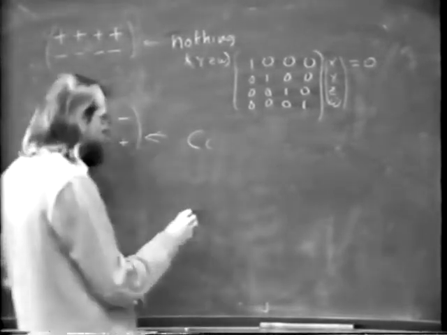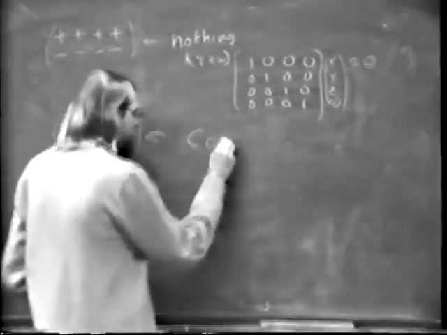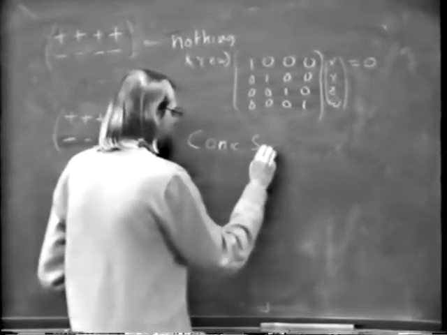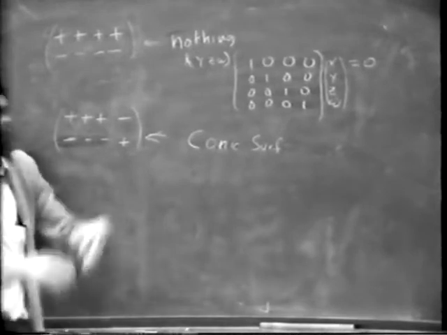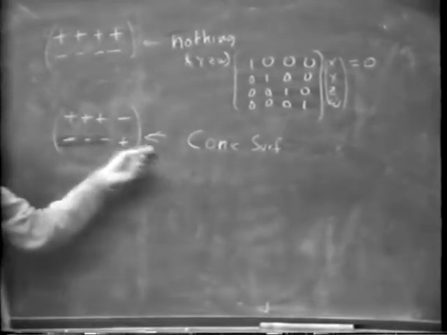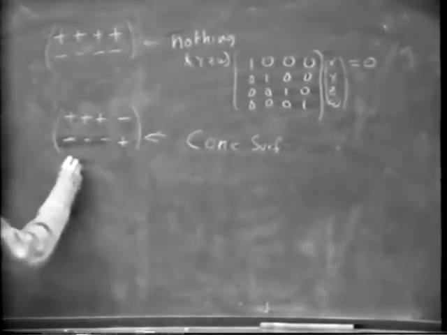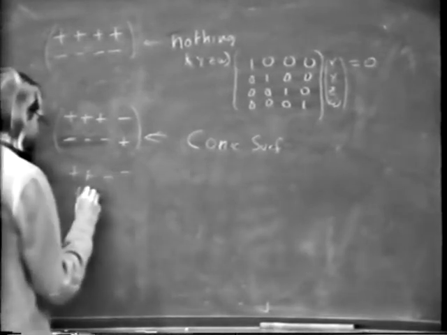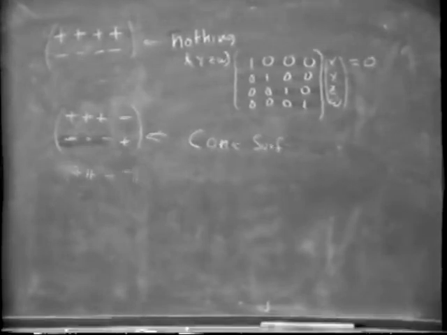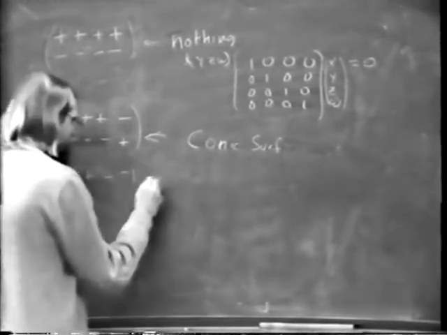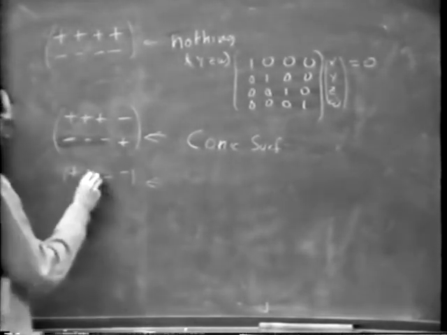We're going to say conic section here, but that's a two-dimensional curve, but I'll say conic surface. Spheres, ellipsoids, hyperboloids, paraboloids, and so forth are like this. 2 positive and 2 negative. I haven't looked this up.